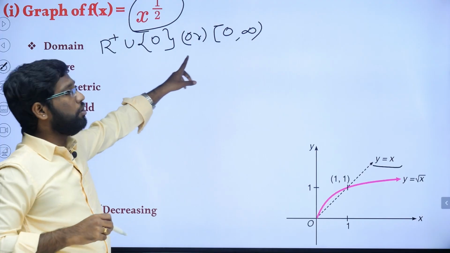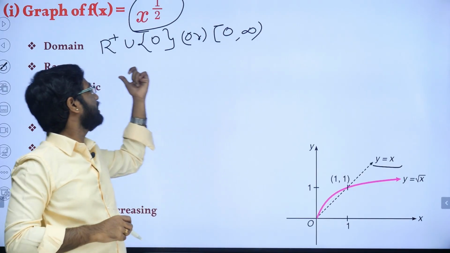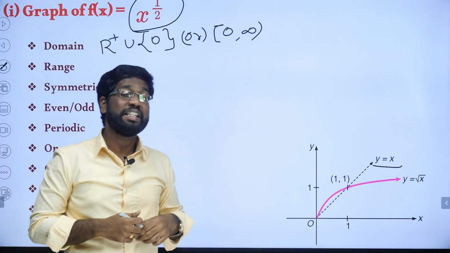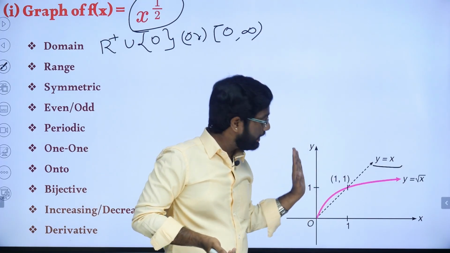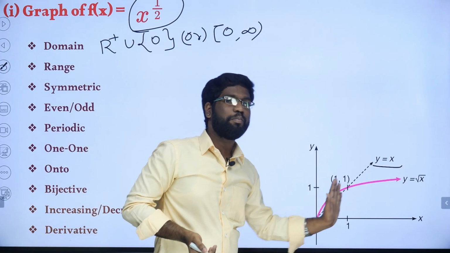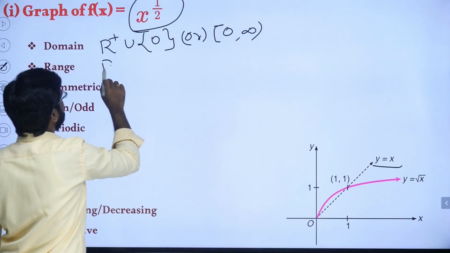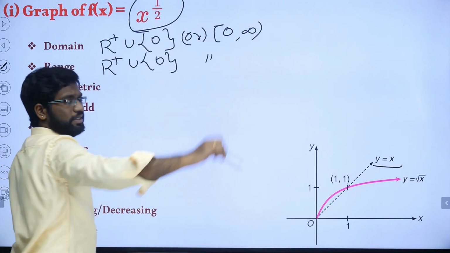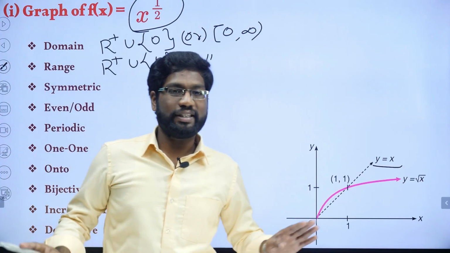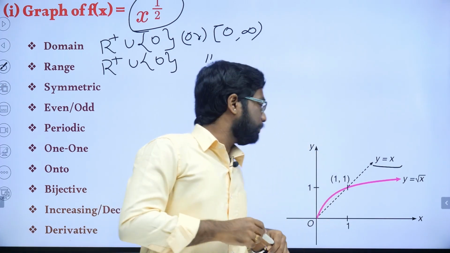R plus union 0 or 0 to infinity, both are the same. This we call the domain. Then what is the range, sir? See the graph. The graph is growing in the same pattern, in the same space. So the range is also R plus union 0. Domain and range are both the same for this function.